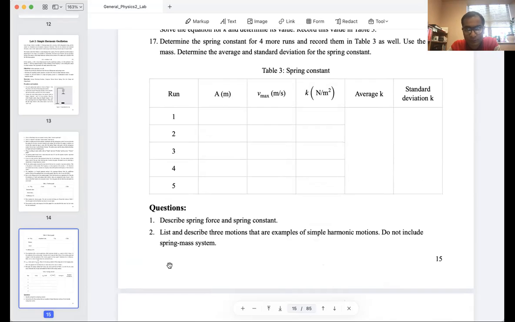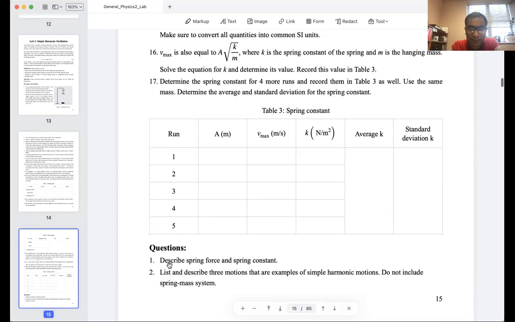So in discussion and conclusion, you have to discuss your result and how close your measurement is to the standard value, what the difficulties are, or how to improve the experiment. This kind of thing you have to discuss in the discussion and conclusion section.